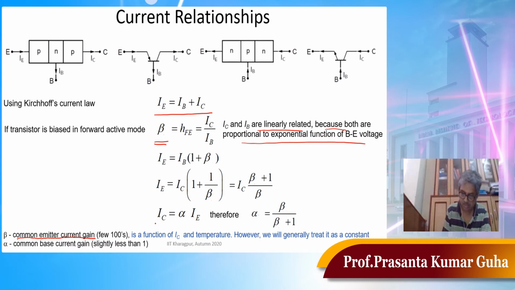This is usually represented as IC equal to alpha IE, where alpha is slightly less than 1, usually somewhere between 0.9 and 0.99. So it is close to 1, but less than 1, because some carriers recombine at the base. I mentioned these things very quickly in the last class.